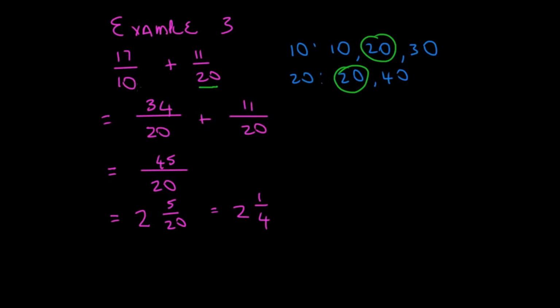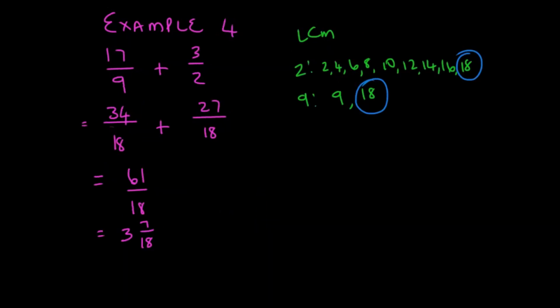So what did I do to 10 to get 20? I multiplied by 2, which means I must multiply the numerator by 2 as well. When I add them together, it gives me 45 over 20, which is 2 and 5 over 20. However, 5 over 20 needs to be simplified further. 5 divides into itself once and into 20 4 times.